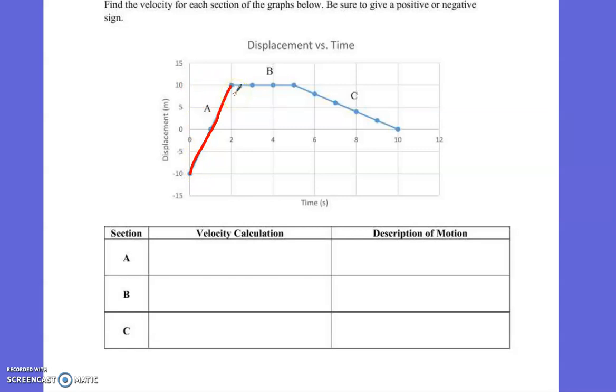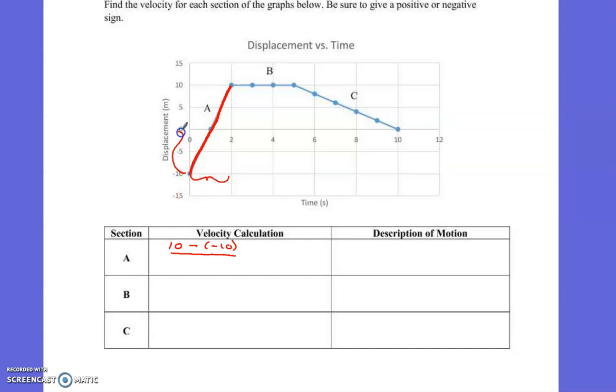Now to figure out how much it has gone up, we started at -10 and we ended at +10. So we subtract those two values, +10 minus -10, and that's the rise, that's how high it went, and then the run is how far over it went.